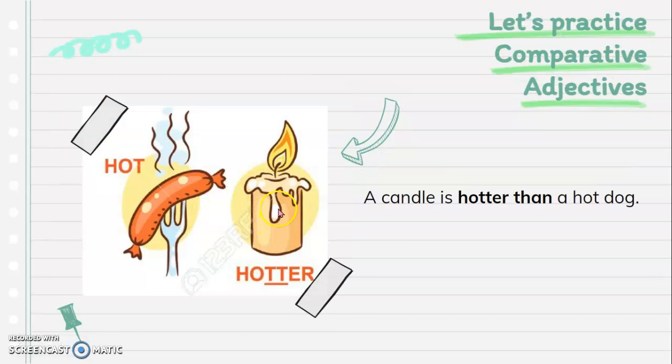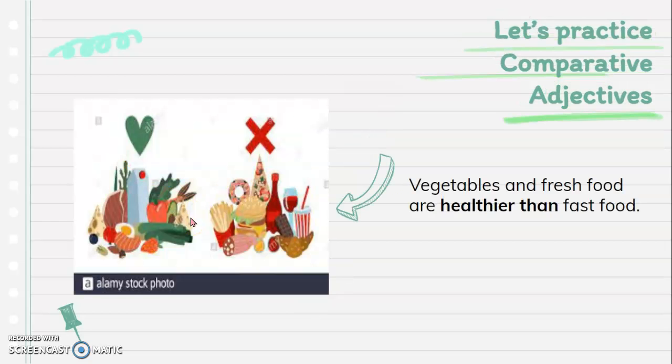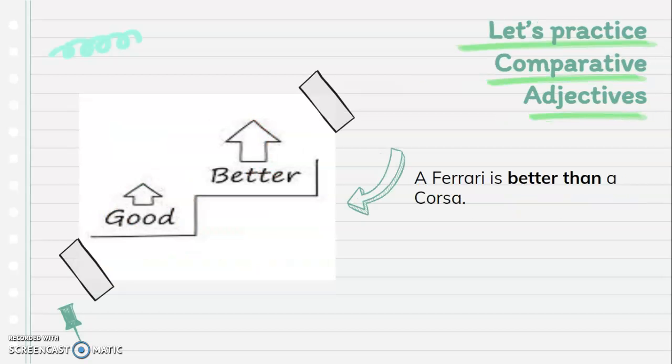A candle is hotter than a hot dog. Vegetables and fresh food are healthier than fast food. A Ferrari is better than a Corsa.